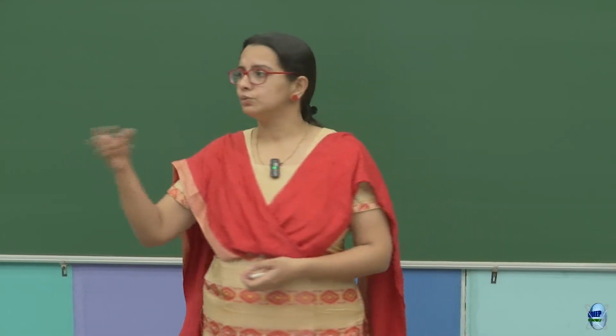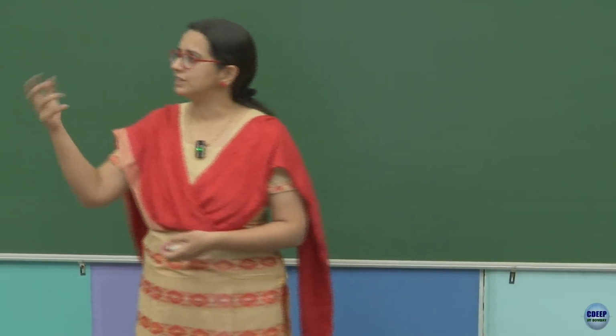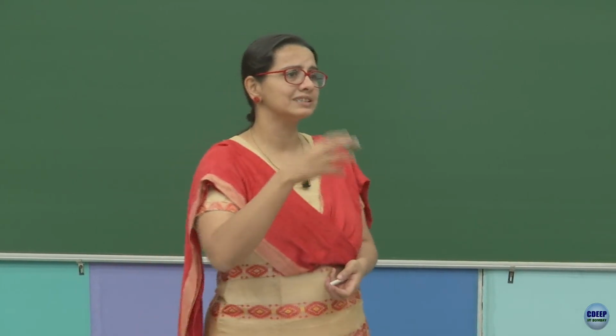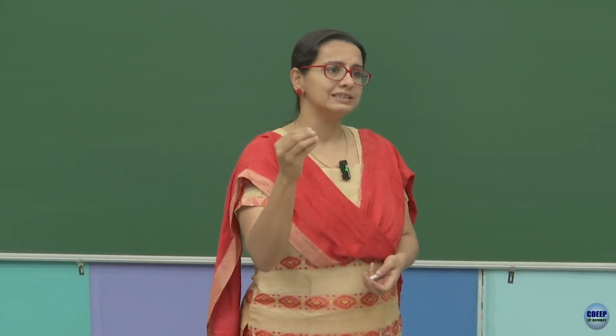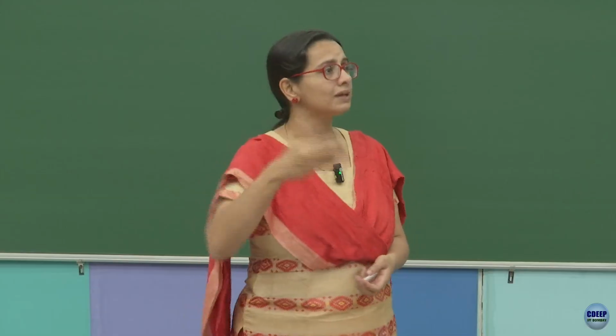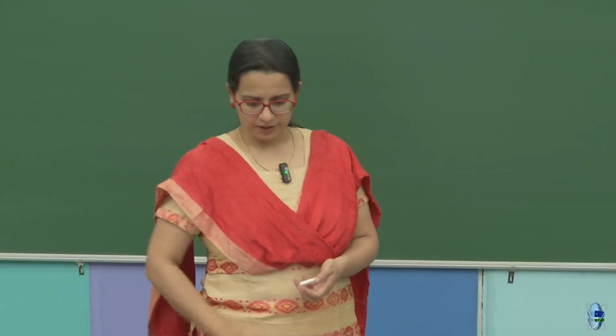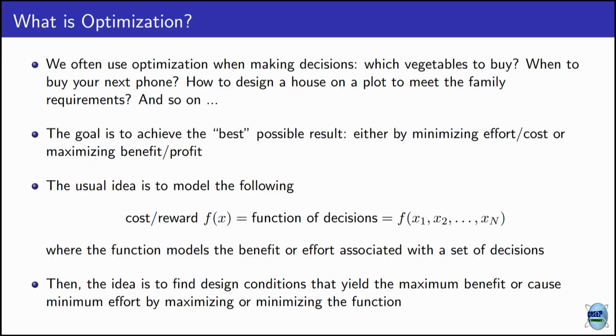I mean, real world problems will always have some sort of constraints, but we start with the unconstrained optimization problem. It gives us certain key insights, and then we build on to how typical optimization problems are constrained optimization, okay?